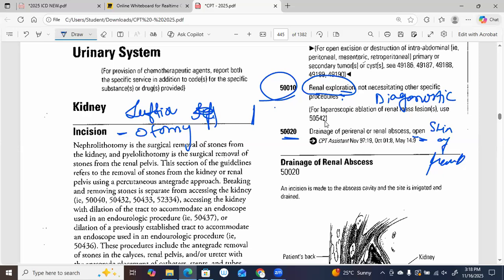The abscess cavity is explored and drained, and multiple drainage tubes, such as a Malecot catheter or a Pezzer catheter, are inserted through that incision. The drain tubes are sutured to the skin so that there is no further pus accumulation. It will be drained at the same time as it is created.